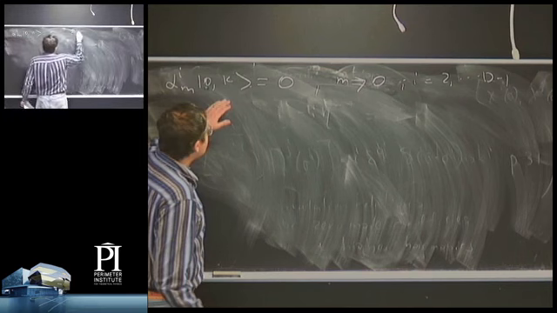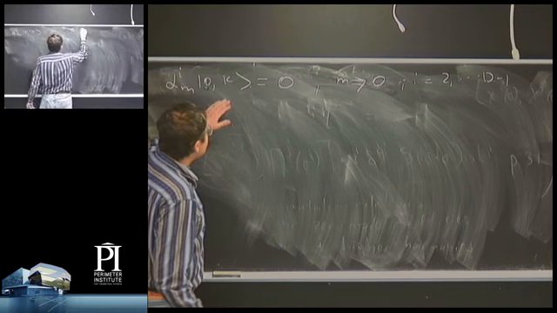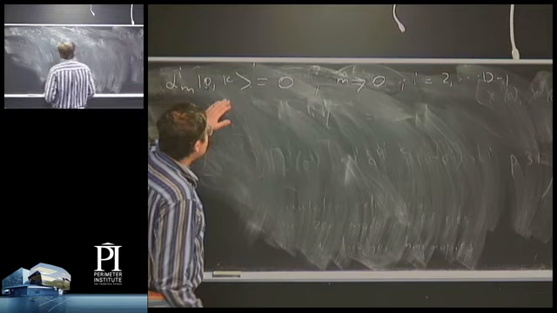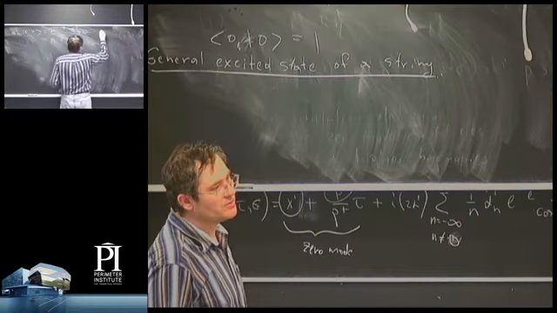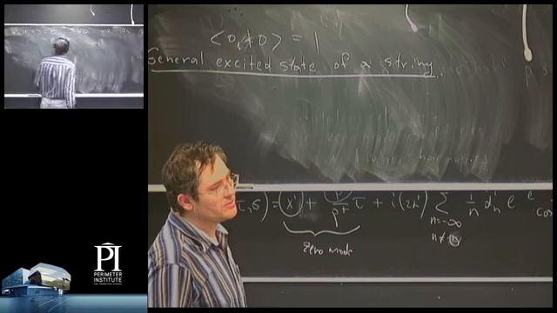And this is correct for n equal to 1 and so on. Let me write down that n is positive. Remember that positive values of n are identified with annihilation operators and negative with creation operators, and the index i goes from 2 to d minus 1.